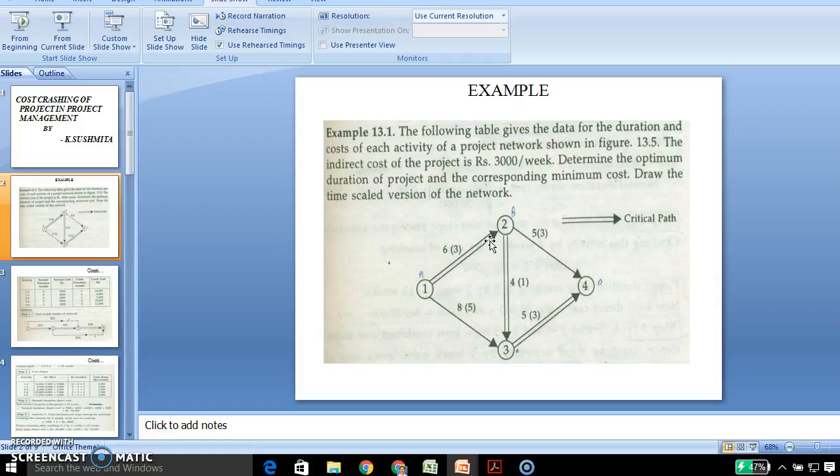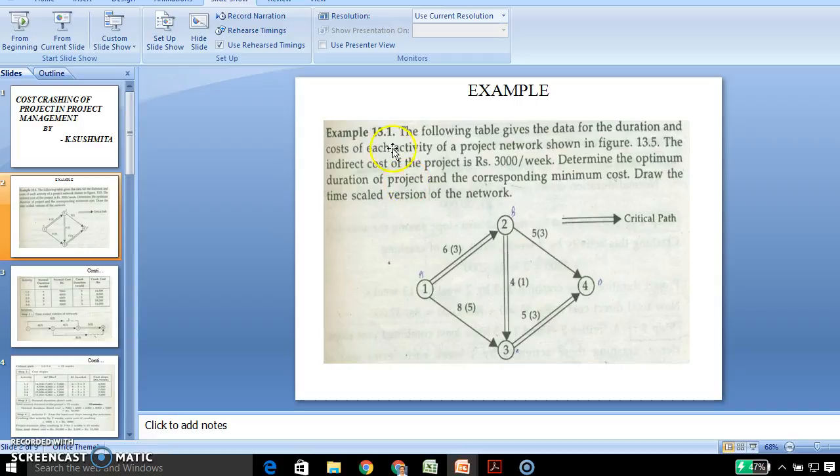The cost slope is defined as crash cost minus normal cost divided by normal time minus crash time: CC minus CN by TN minus TC, which means delta C by delta T. Delta C is the increase in cost and delta T is the decrease in time.